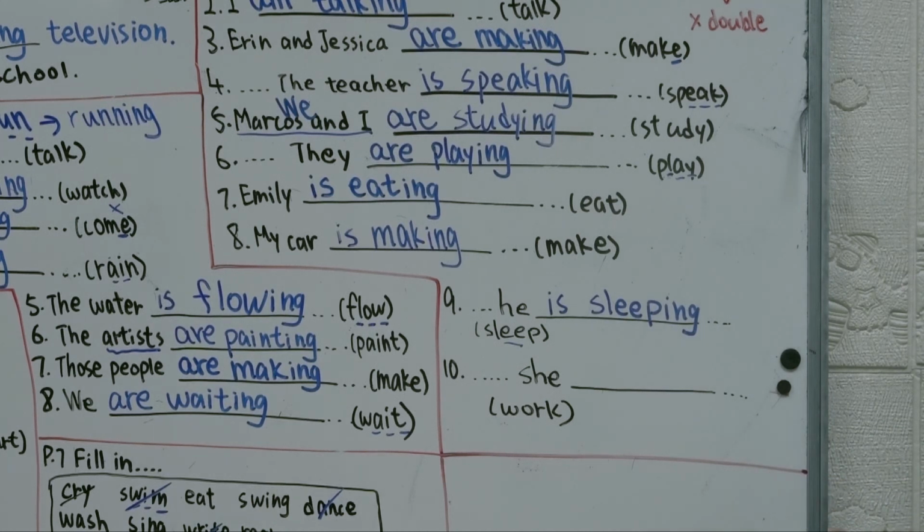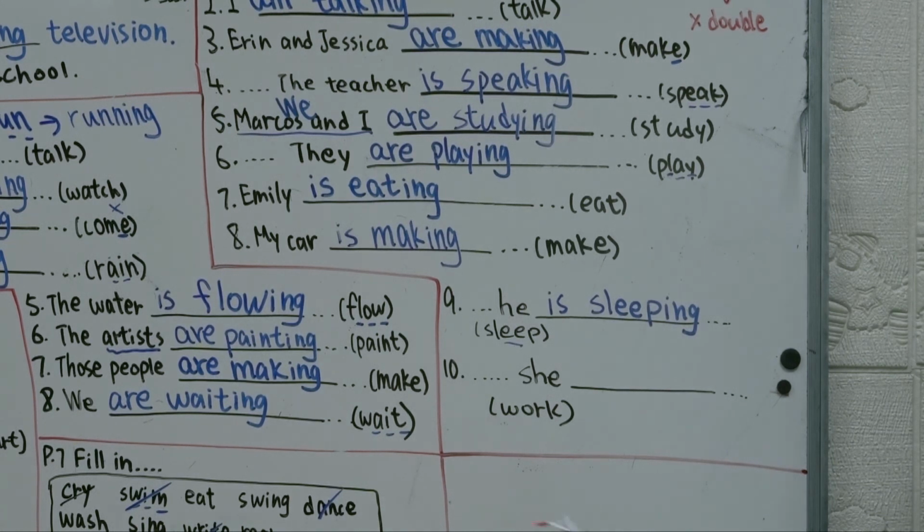Keep going with number 10. Jennifer: Is Rosa coming to the park with us? Yoko. Oh my god, such a funny name. Yoko: No, she space today. Work.